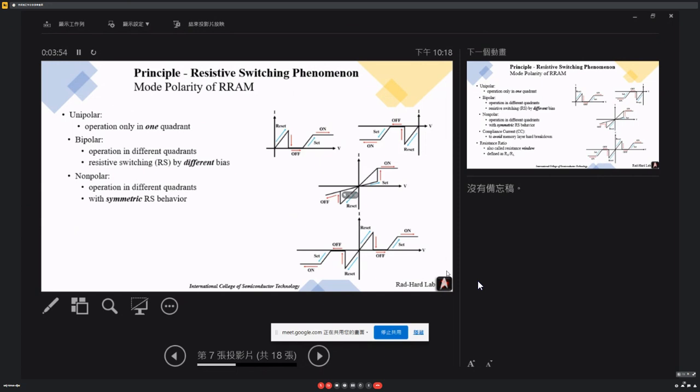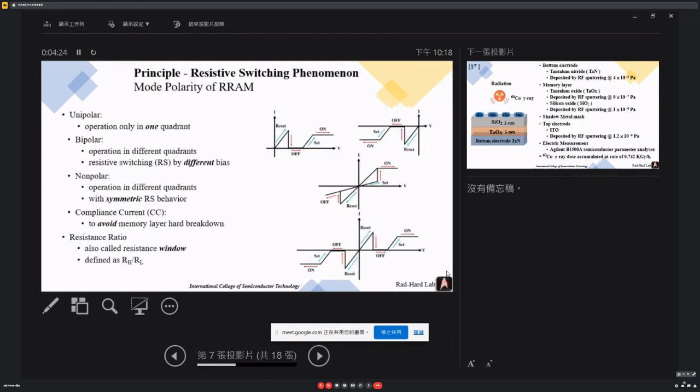This one is called unipolar: the device can work with both positive and negative, positive set, positive reset, negative set, and negative reset. This one is homogeneous. You cannot create it by yourselves. It naturally happens in the device, or you can operate it by applying the bias.